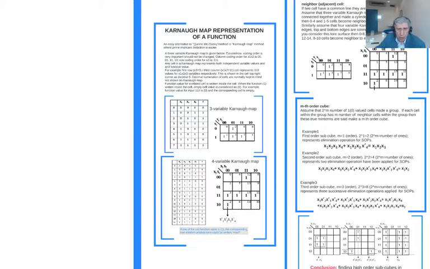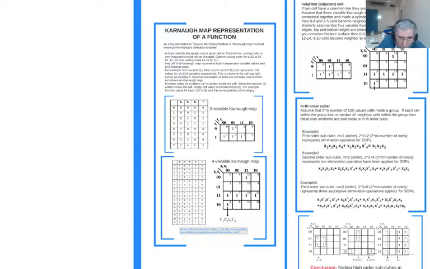So we are saying now that in a 4-variable Karnaugh map, I can represent all the 4-variable functions. How am I going to represent it? Each cell here represents a row. If the function value is 1, inside the corresponding cell I am going to write 1. If the function value is 0 for a row, the corresponding cell I leave empty. When it is empty, it means 0.